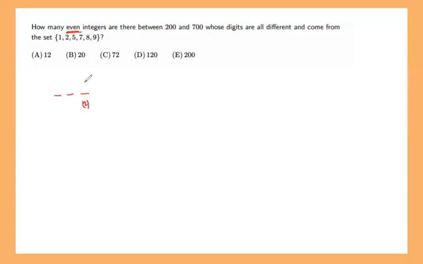Then there is only one possible choice, because I selected that 2 for my last digit. For my first digit, I can have 5, 7, 8, 9, but I cannot have 8 and 9 because it has to be at most 700. So I could have 5 and nothing else. So this one has to be 5.